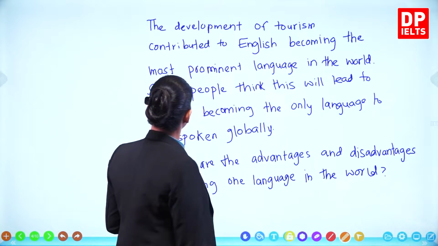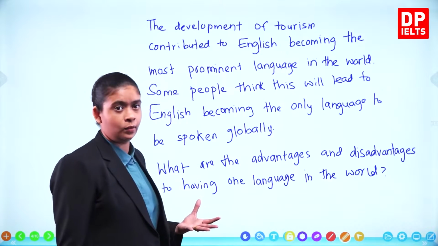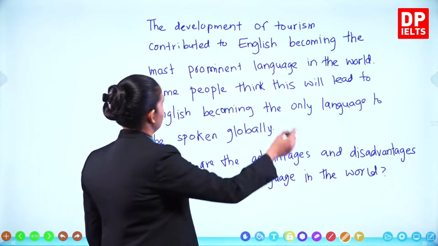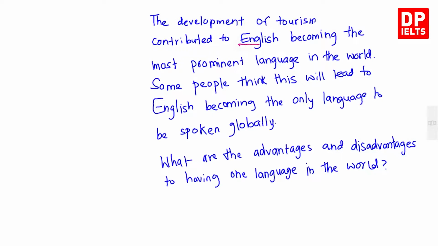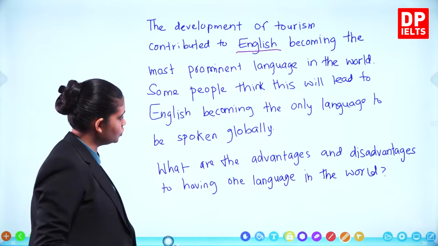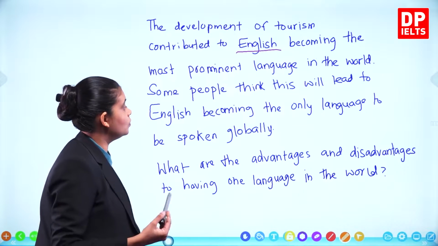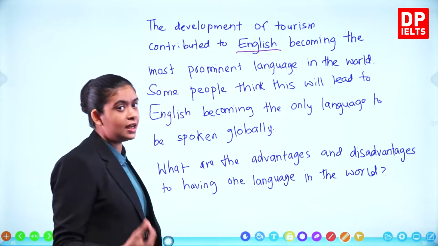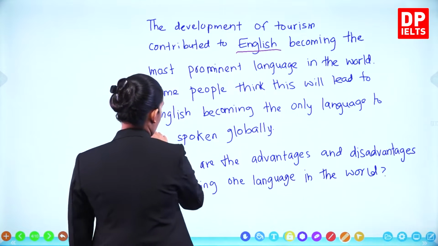Now, here they talk about language, right? The development of tourism contributed to English, which is a language, becoming the most prominent language in the world. So some people think that this will lead English to becoming the only language spoken globally, okay?